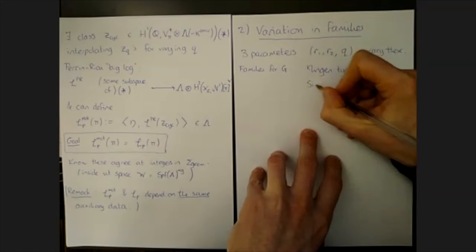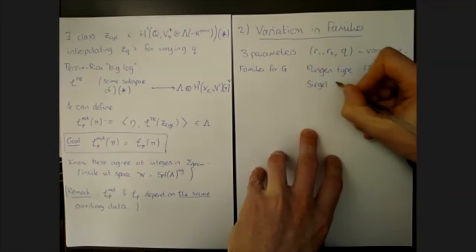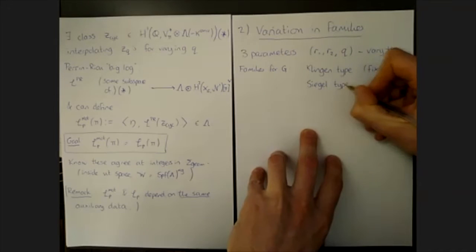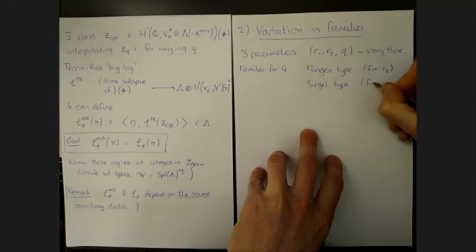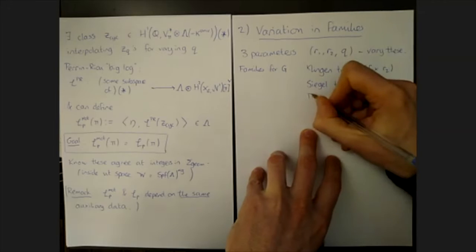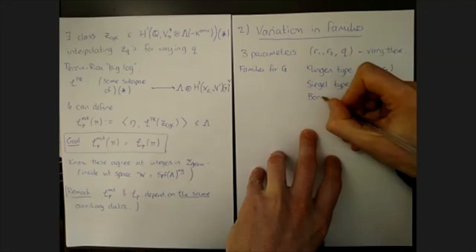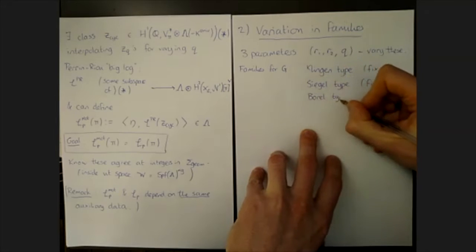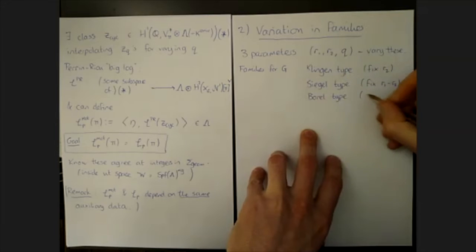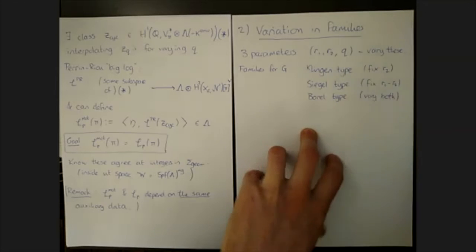There's Siegel type families. And there's kind of full Borel type families, where you make no condition.